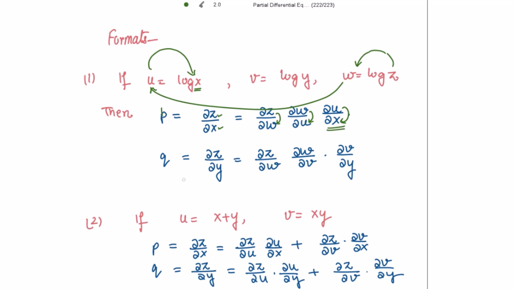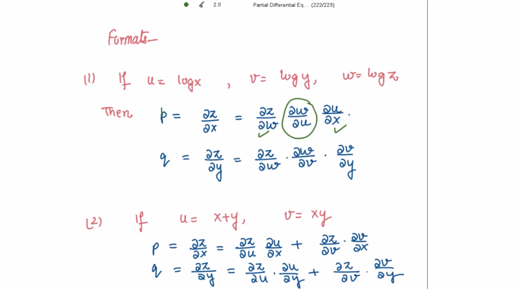Similarly, what is q? That will be del z by del y, we know this. So take this as again del z by del w into del w by del v, from w to v and then from v to y, then del v by del y, right? Okay, so in this case you can solve this, but you cannot solve this, right?